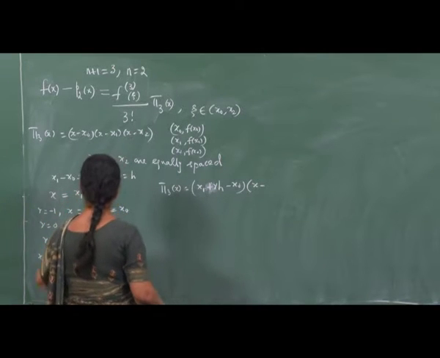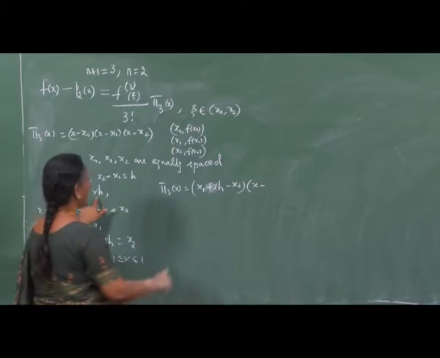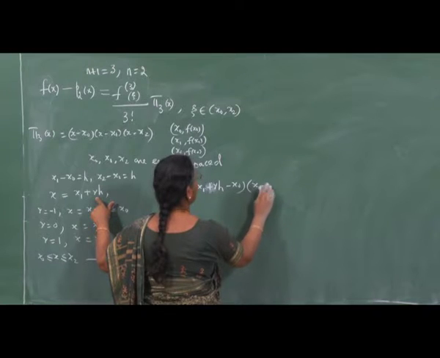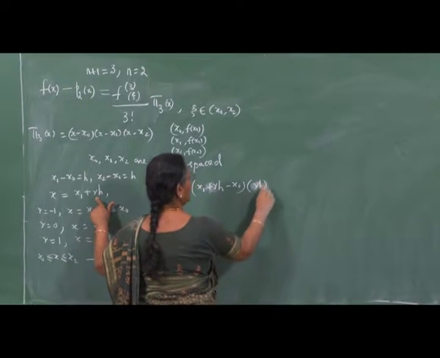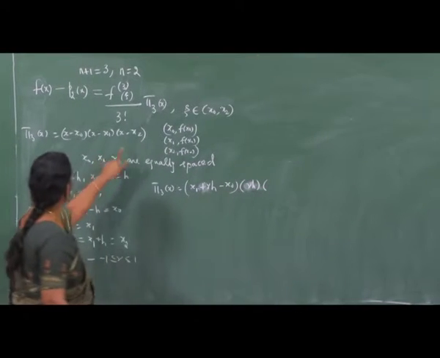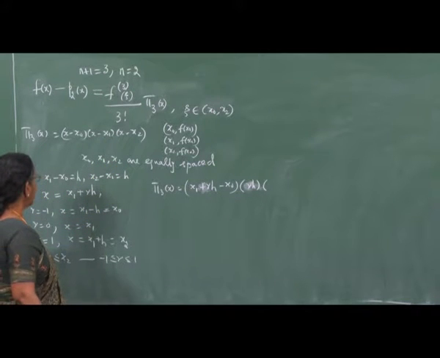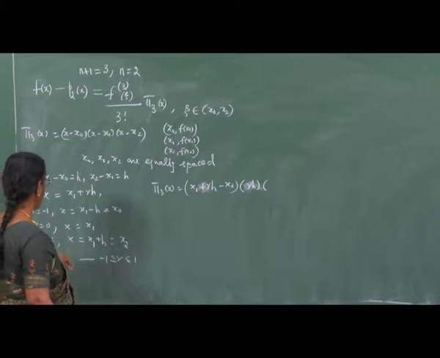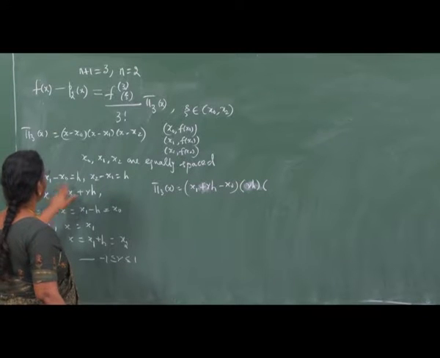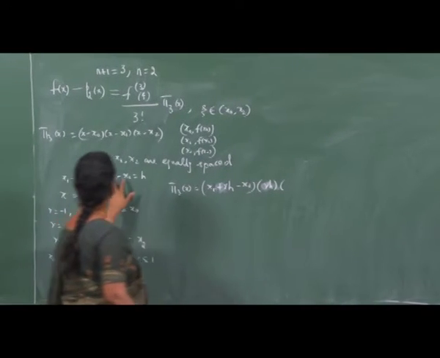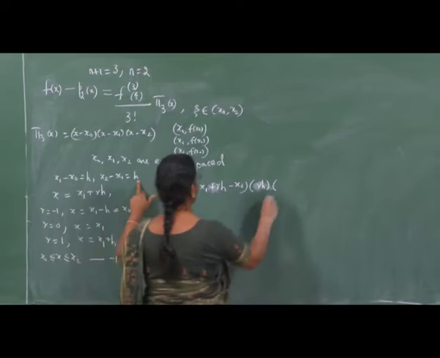So, x minus x1 is rh. So, I shall directly write that down, and then I have x minus x2. What is x2? x2 is x1 plus h.